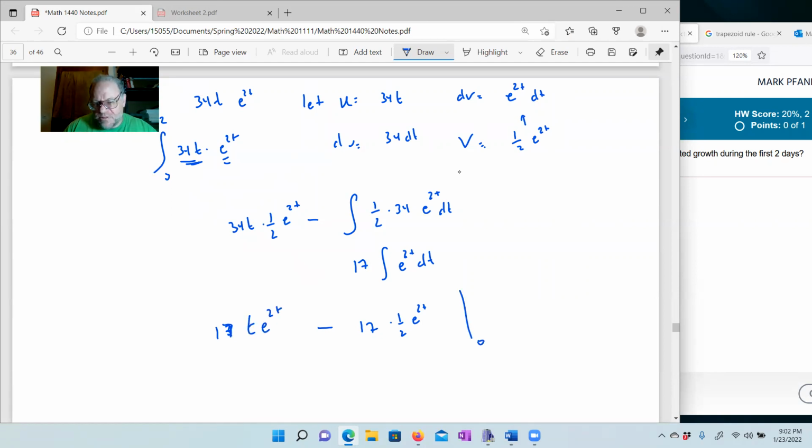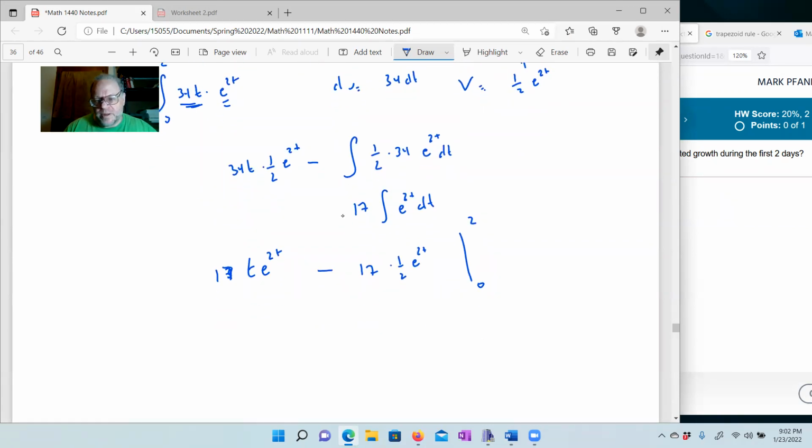And what are we doing here? We're going from 0 to 2, aren't we? So we are going to say at 2, this is 17 times 2, that's my t, e to the 2 times 2, e to the 4, minus 17 halves, e to the 4, minus, and then we have to put a 0 in.